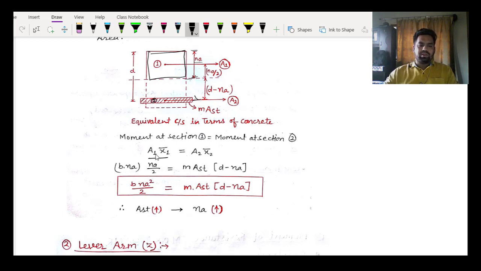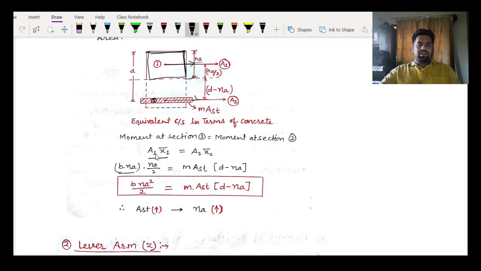The area above the neutral axis is for concrete, so it is a rectangle there. Its area is B into NA, and the CG for the top section will be at NA by 2. So B into NA into NA by 2 equals the one below the neutral axis, that is the tensile zone.